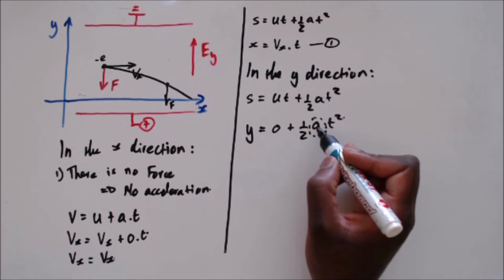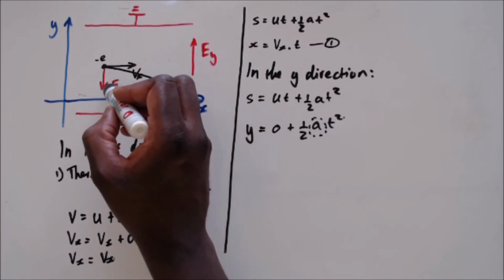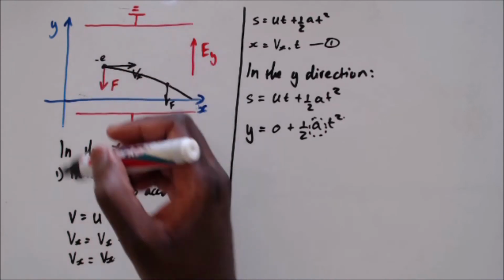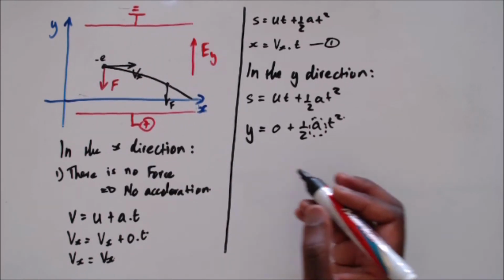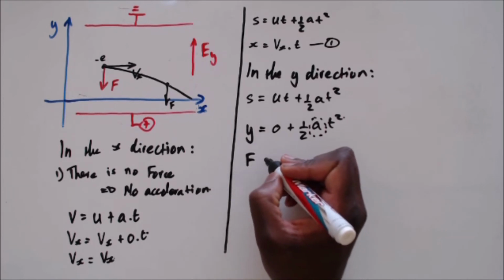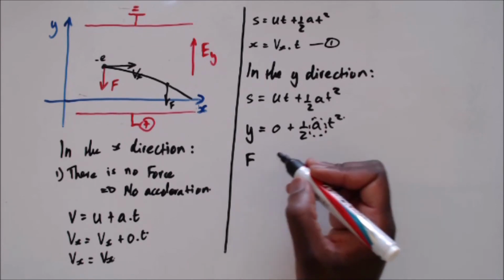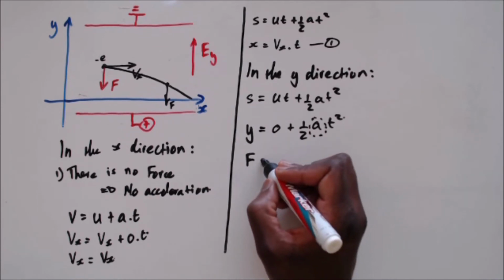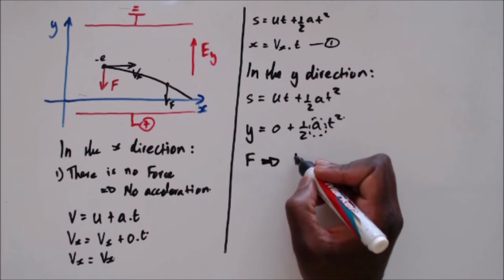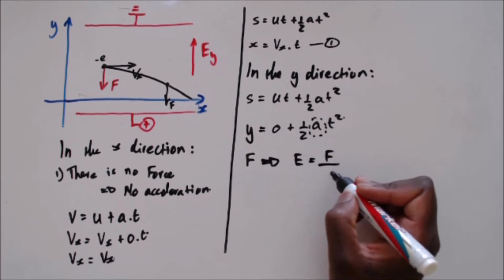We can get to that acceleration in the y direction by considering the effect of this force over there, because that's the force which acts on the electron. Now that force F is related to the electric field by the following equation. The definition for electric field is that the electric field strength is equal to the force acting per unit charge.